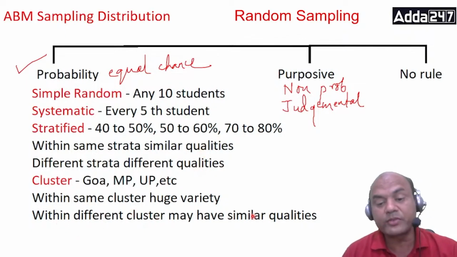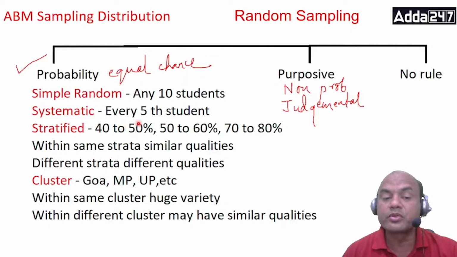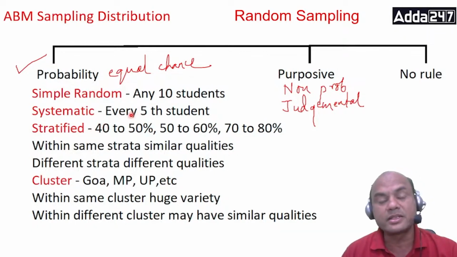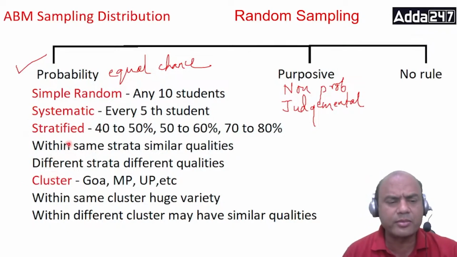Different clusters may have similar qualities: Goa will have some students of 40 to 50, and MP and UP will also have them. So within different clusters, we may have students of similar categories. That's the difference between stratified and cluster. This question comes every time in the exam, okay?